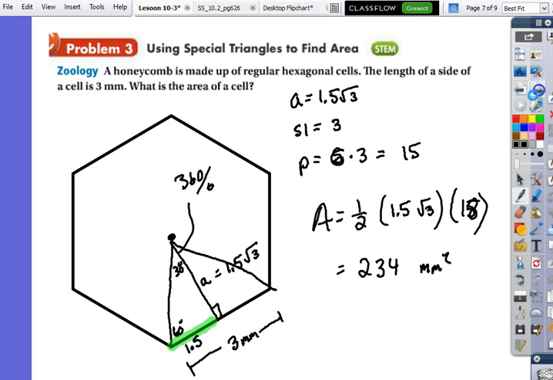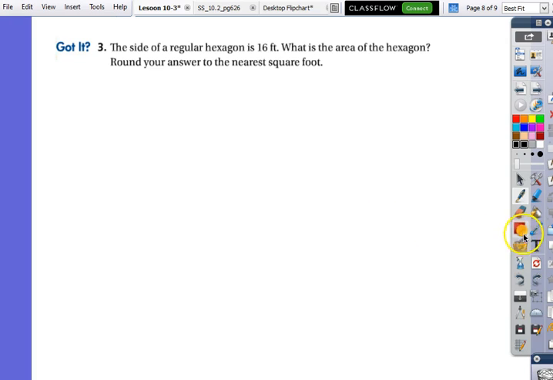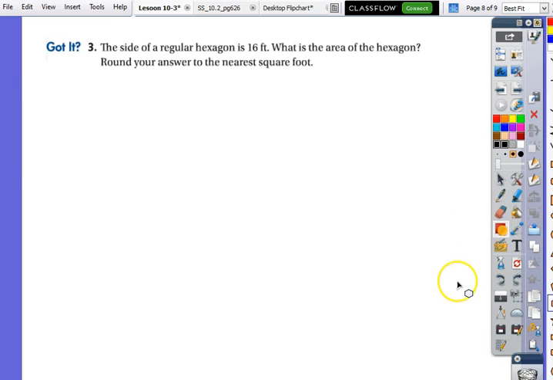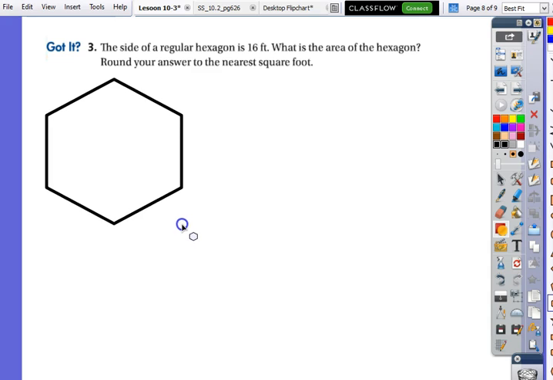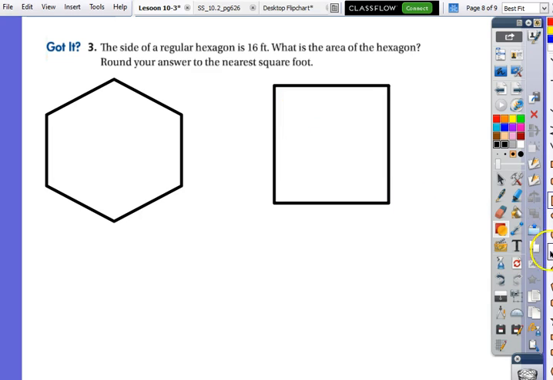All right, so basically what I'm saying is, tonight on your homework, there are 3 types of figures that make the special right triangles when you do the apothem and the radius. And this is what you need to be working with: a hexagon, a square, and an equilateral triangle.